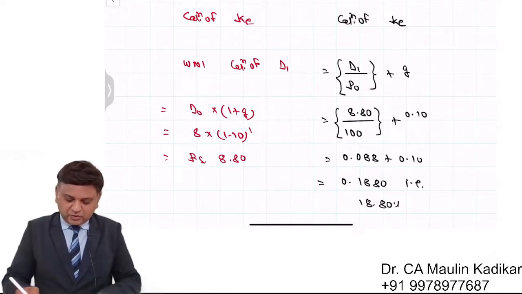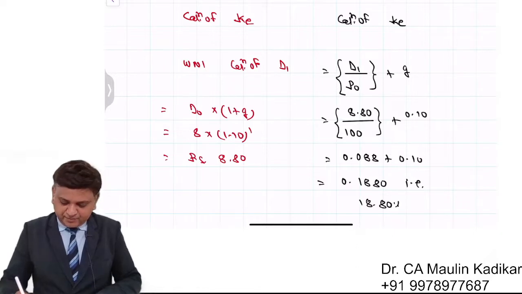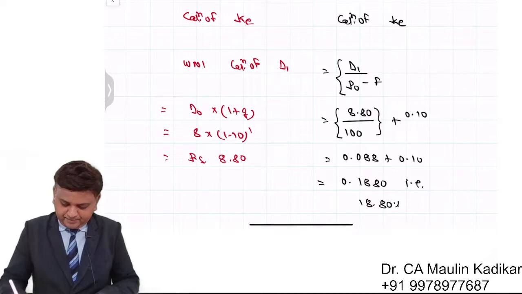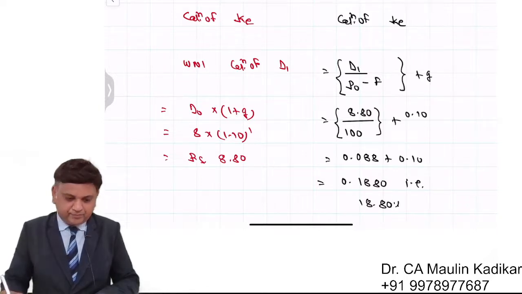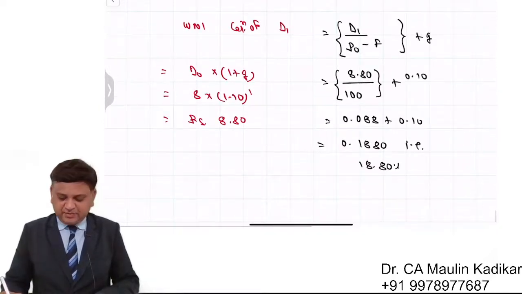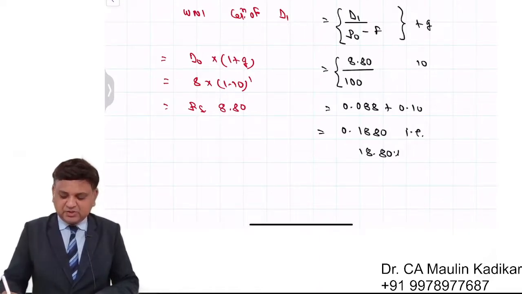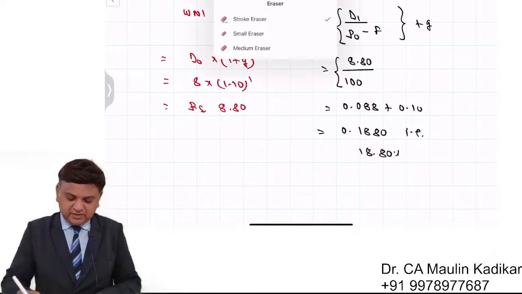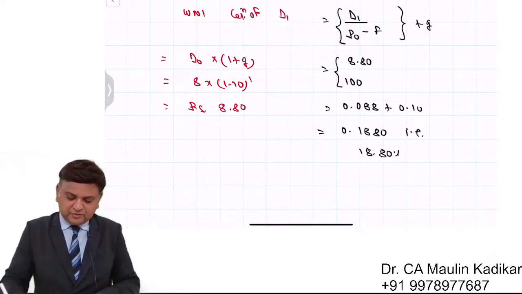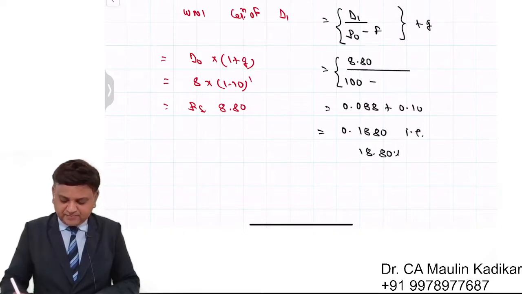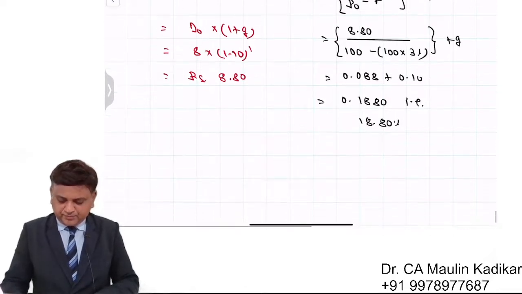I'm sorry, I forgot to deduct the flotation cost. Flotation cost is given to us in the question. It is provided as 3%. So again, the question does not provide the face value of the security. So we make the calculation of the flotation cost on the market price. So 100 rupees minus 100 into 3%. So what will happen?